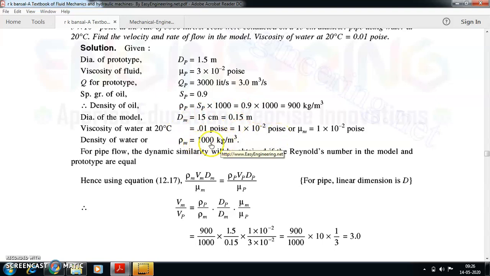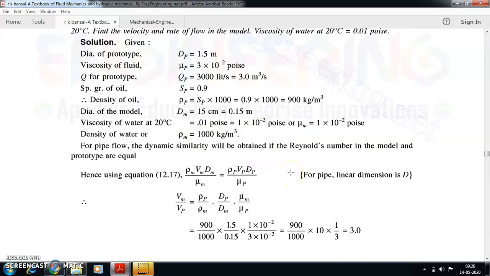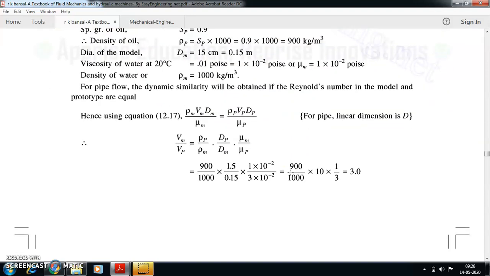Then we know the density of the water, which is 1000. If you want to convert viscosity in poise to the SI unit, you can do it, or you can leave it, because when the viscosity ratio comes, the unit will not matter. But the important thing is that the unit used for the model should be the same for the prototype. The unit dissimilarity should not be there between the prototype and the model.